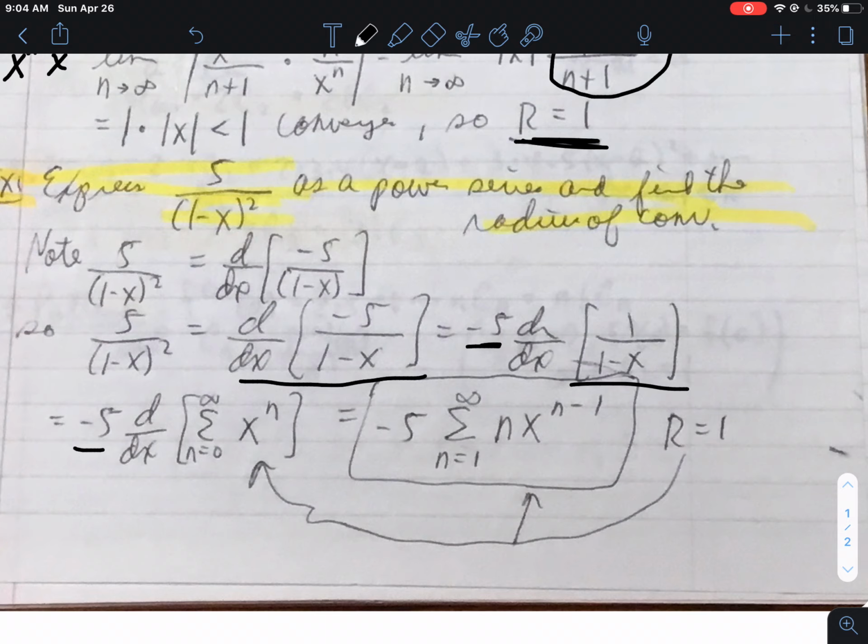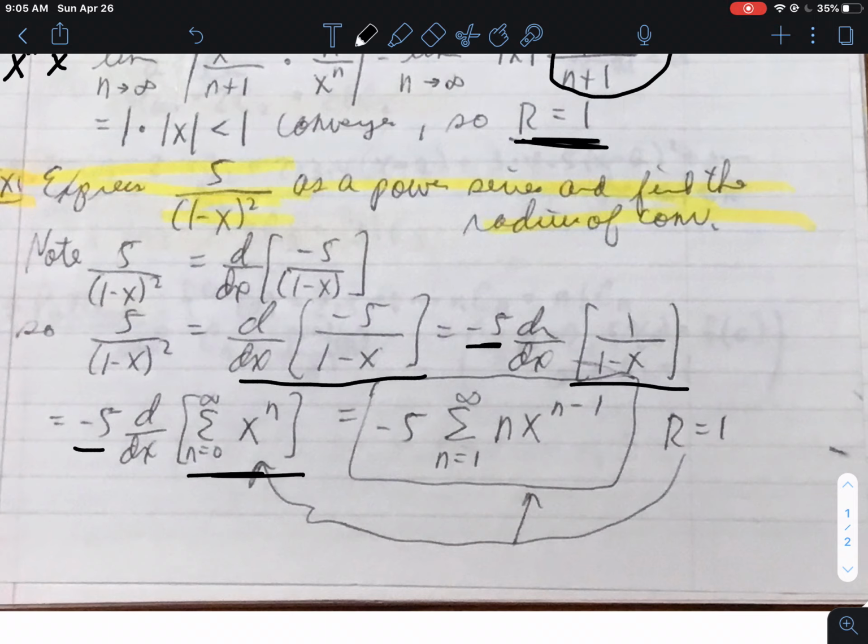Our derivative of x to the n would be n times x to the n minus 1. Now again, remember we said with derivatives, you lose the first term, you lose n equals 0, because the first term of your series is x to the 0, which is 1, whose derivative is 0.